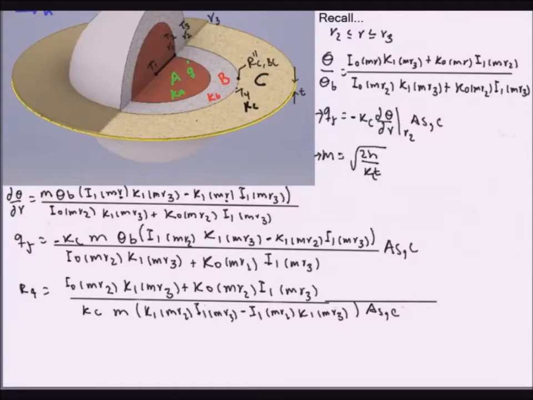So something to notice is that the resistance is independent of the driving force. There is no temperature term here, so we don't really need to know what T4 is to know the resistance. Additionally, you can see that the resistance is inversely proportional to the conductivity and the covered surface area here at the interface.